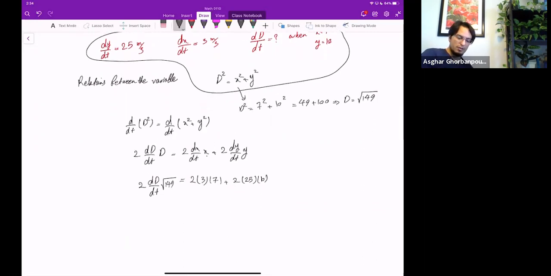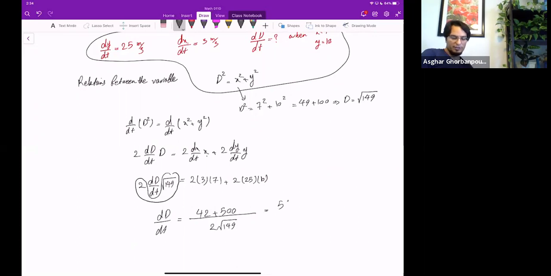So now dD/dt is equal to this whole thing divided by 2 root 149 on the denominator. On the right-hand side, 2 times 3 times 7 is 42, plus 2 times 25 times 10, which is 500.